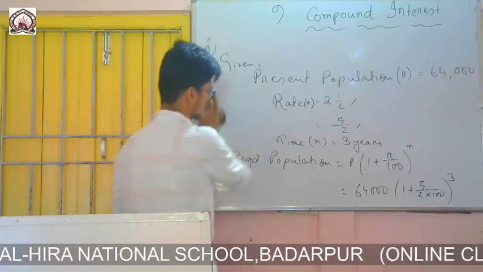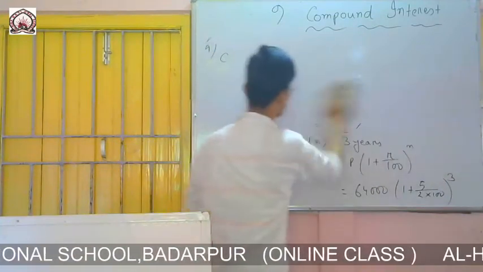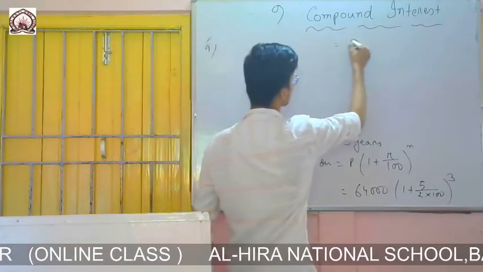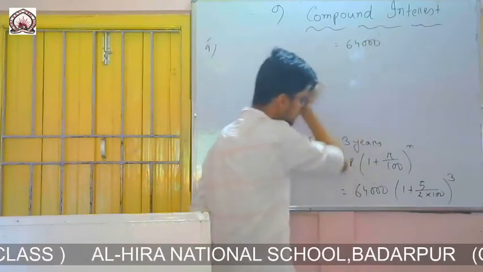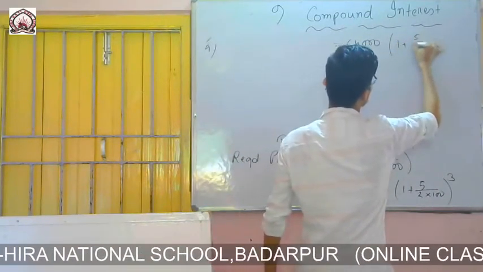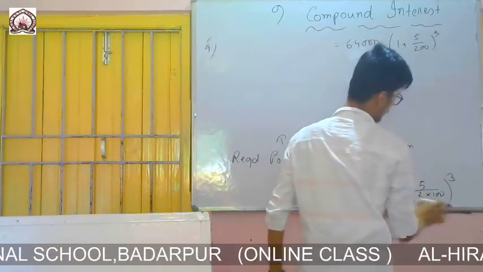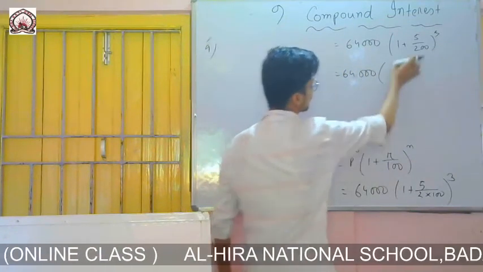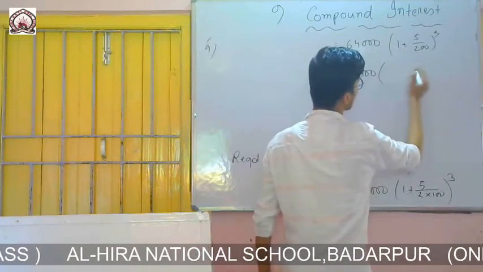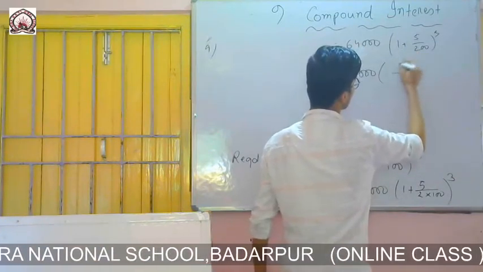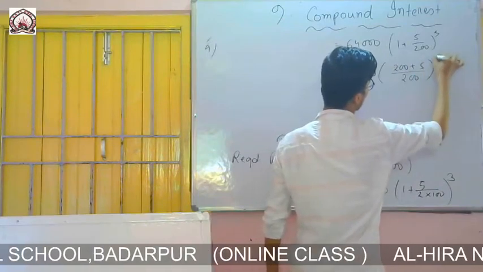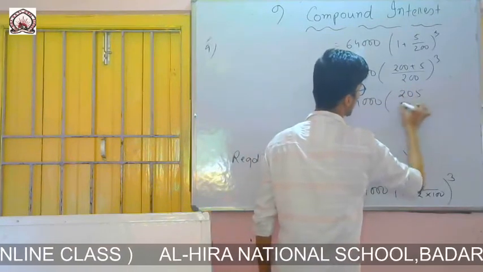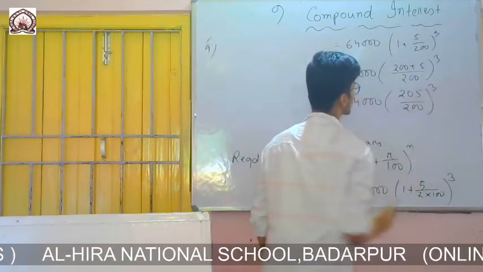Okay, now I will calculate it. It equals 64,000 into 1 plus 5/200, whole thing cube, since 2 into 100 is 200. If I take the LCM, it will be 200 plus 5 over 200, whole thing cube. So 64,000 into 205/200, whole thing cube.